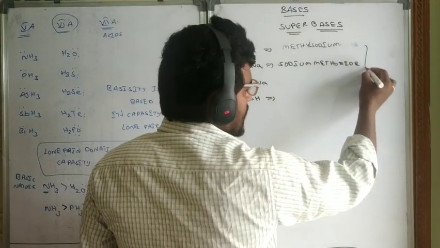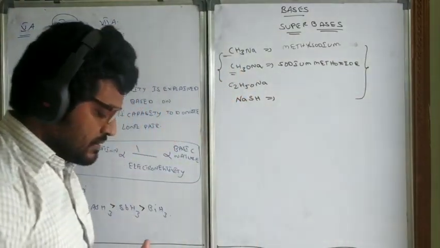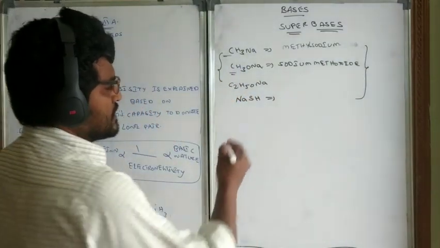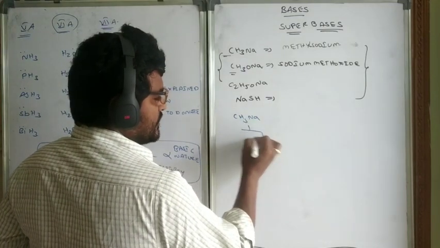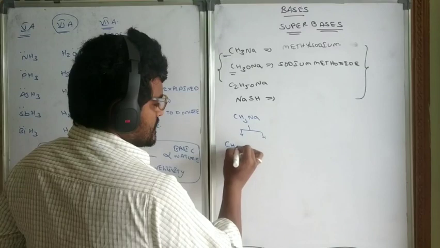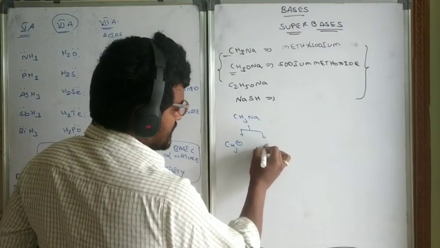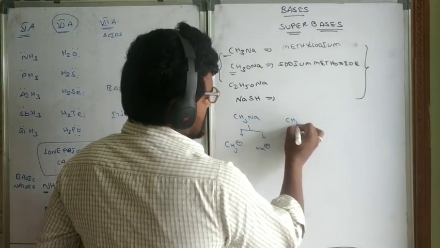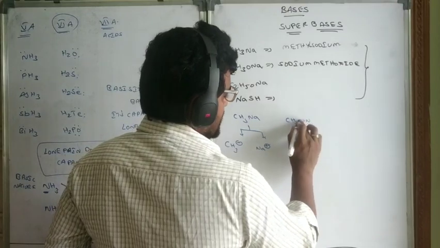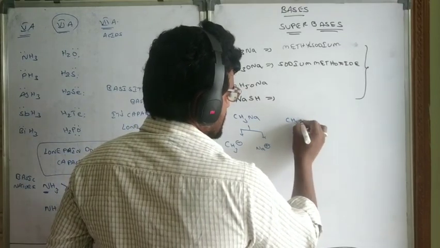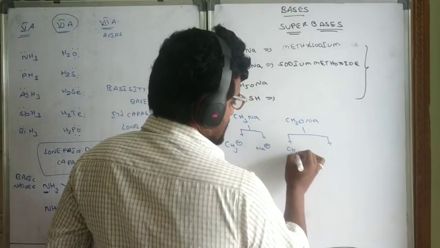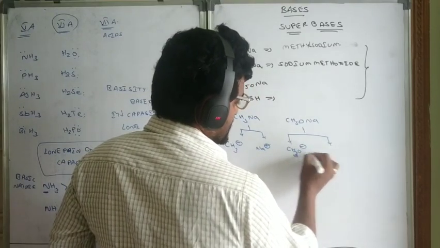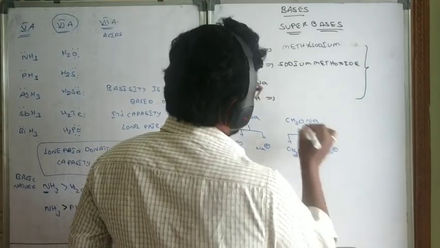If you observe all these, CH3Na will break down into CH3 minus and Na plus. CH3ONa will break down into CH3O minus and Na plus.